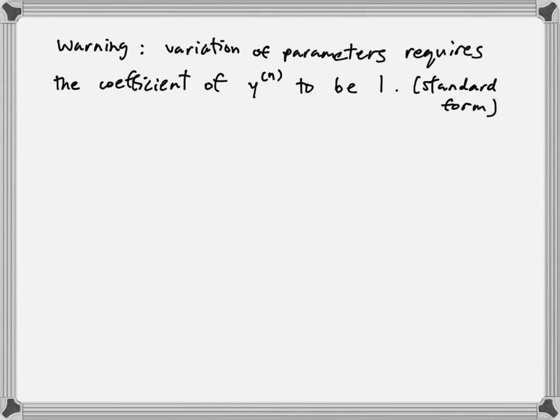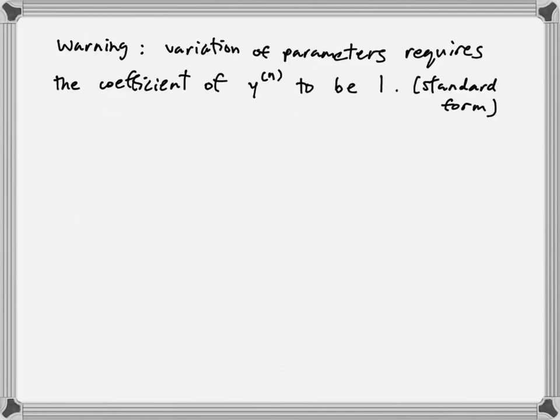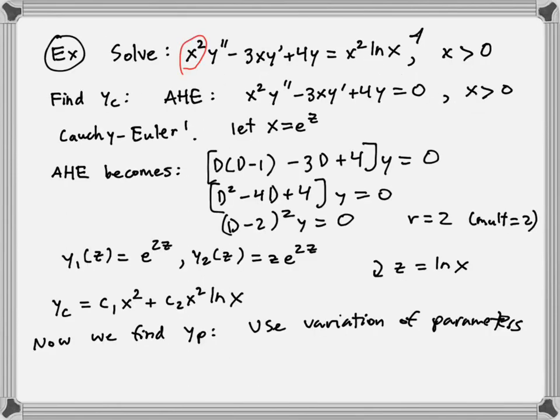So what this means is I need to take my original differential equation and divide the whole thing by x squared, because when we started out, we have an x squared in front, and we're not allowed to have that for variation of parameters. So what does our differential equation become? Dividing, let me give it a name here. I'm going to call it star.